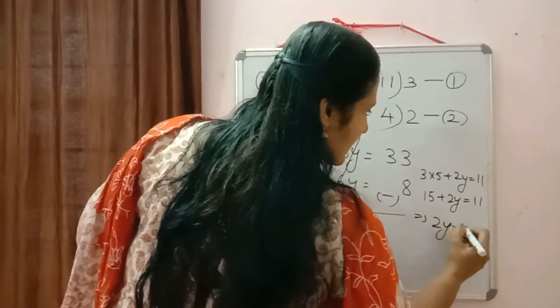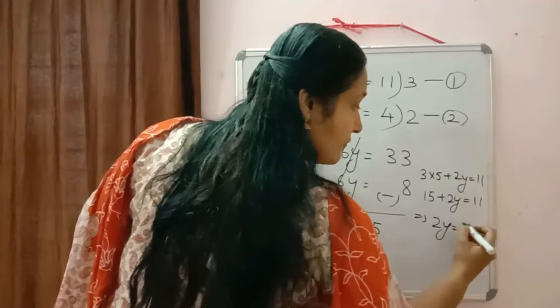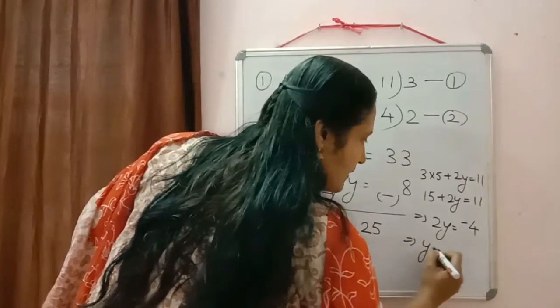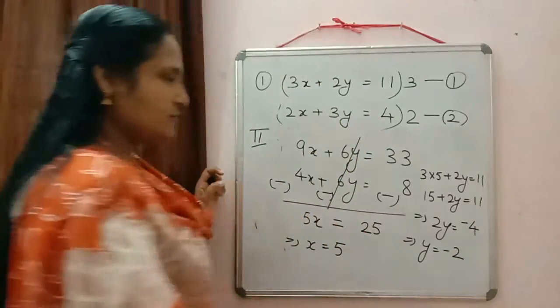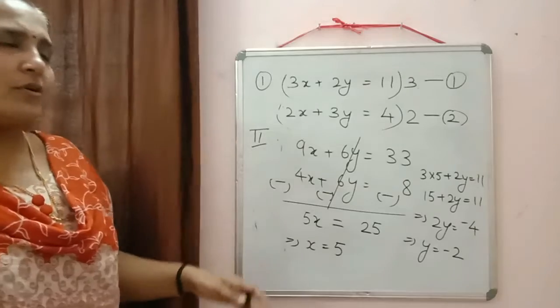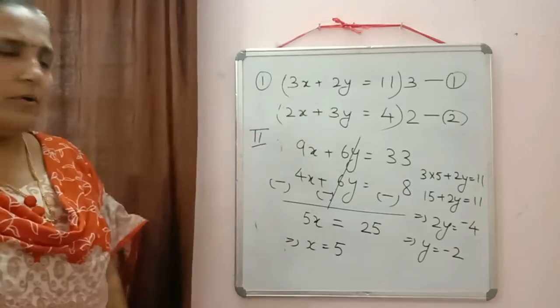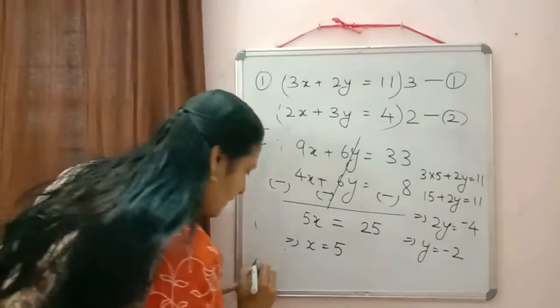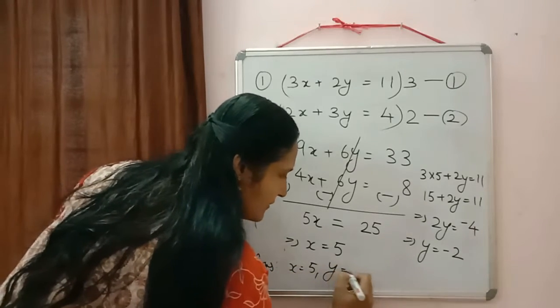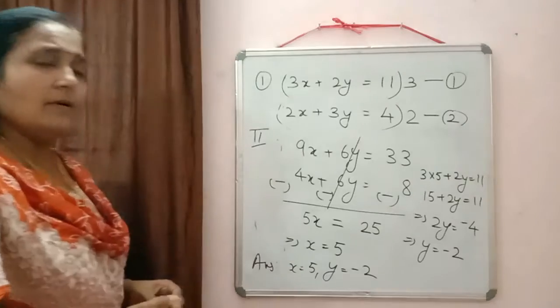Then 2y is equal to 11 minus 15, that will be equal to minus 4. Then we get y is equal to minus 2. So again, by this method also the answer is the same. It depends on you which variable you want to eliminate. So again, after the solution, write down the answer there: x is equal to 5 and y is equal to minus 2.